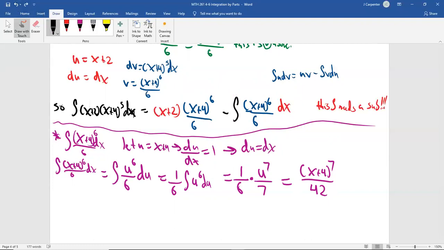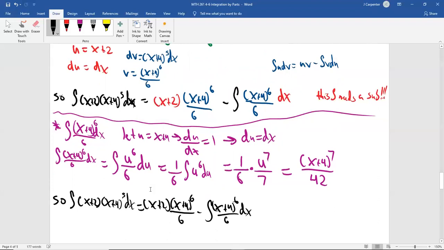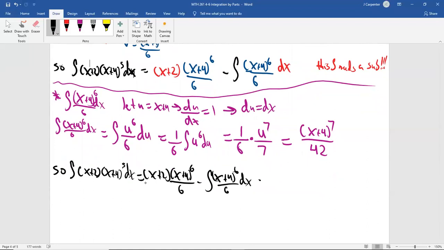Okay, so our original integral, which was (x plus 2) times (x plus 4) to the 6th over 6 minus that integral of (x plus 4) to the 6th over 6 dx, is going to become (x plus 2) times (x plus 4) to the 6th all over 6.